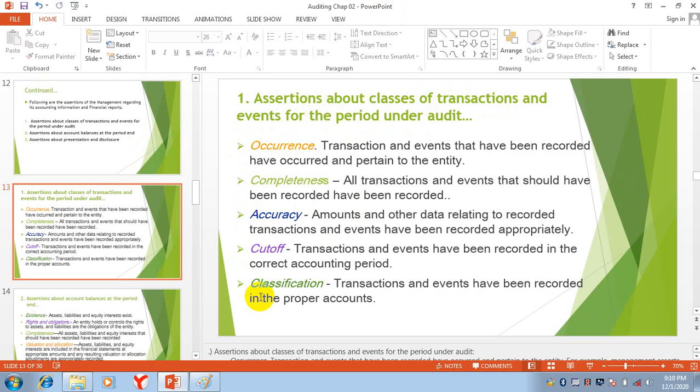So these are the assertions of the management about the financial record: every transaction which is recorded, we are asserting that these occurred, these are complete, these are accurate, these transactions relate to this accounting period, and we record them in proper accounts. These are the assertions of management about the classes of transactions and events. And when the auditor comes, he will check all these things.